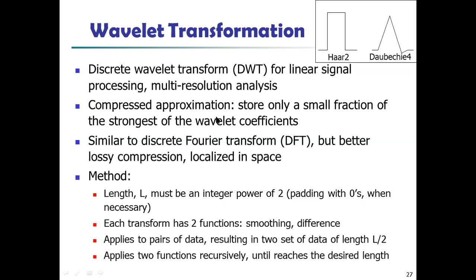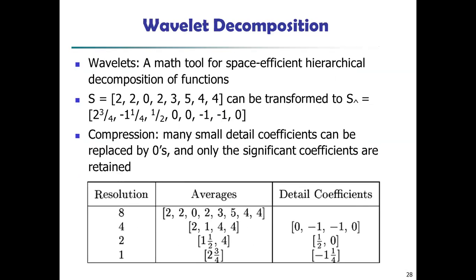These two functions are applied to pairs of data, resulting in two sets of data of length L by 2. Similarly, the two functions are applied recursively until reaching the desired length. This is the wavelet transform.